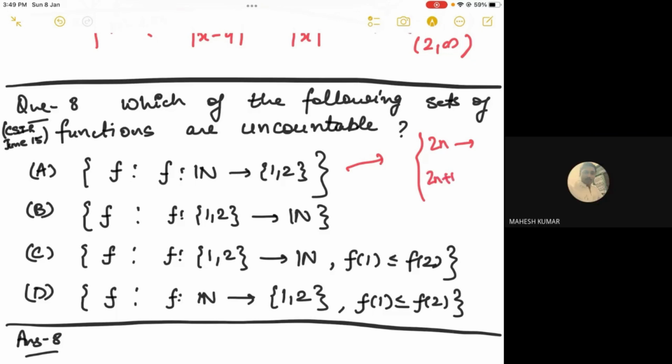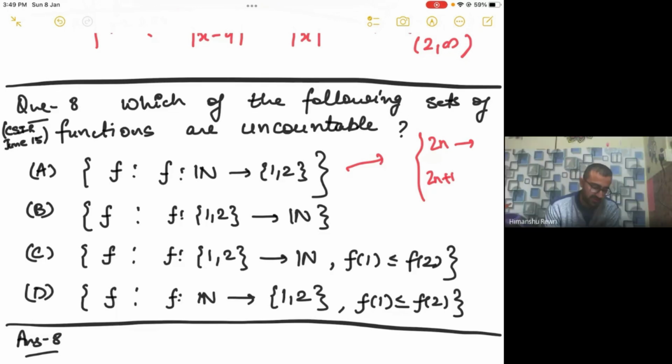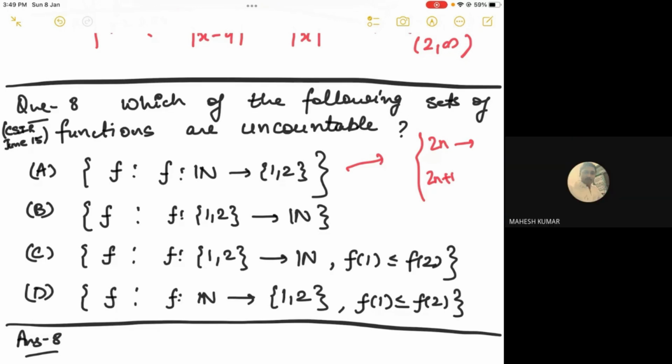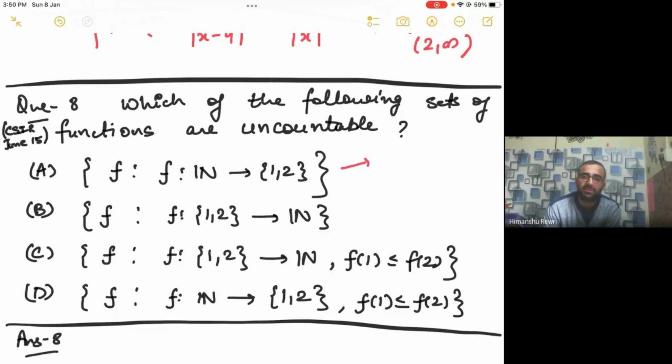No, it is not bijective. It is many-one. Countable or uncountable? And what will be the reason for that?